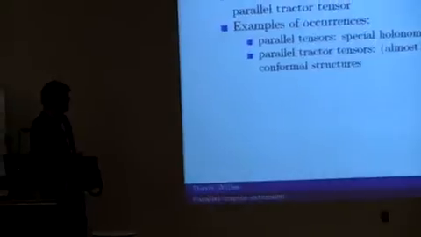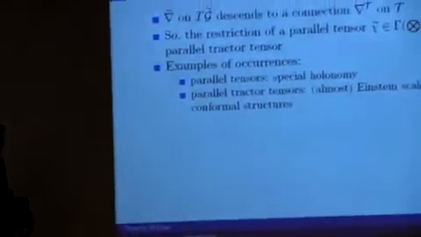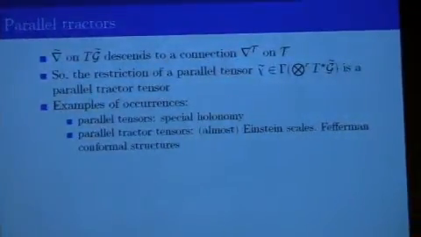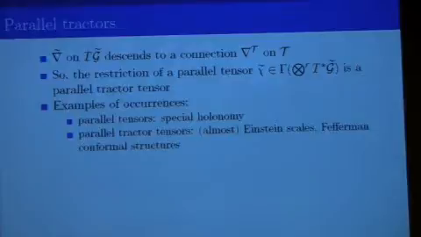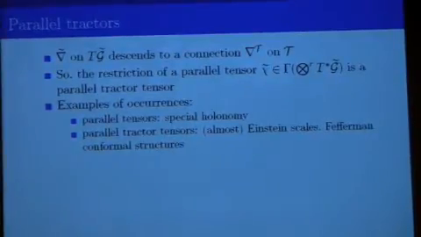An Einstein scale is basically a specification of an Einstein metric inside a conformal class. In other words, if you have a conformal structure that's conformally Einstein, the Einstein scale is a way of specifying it.